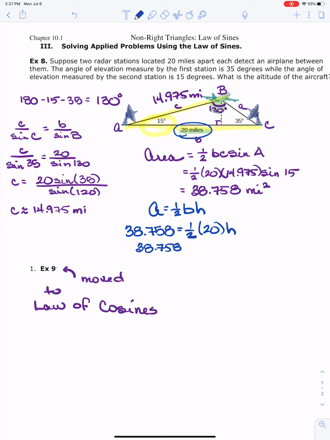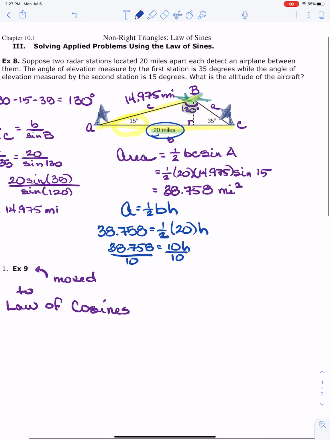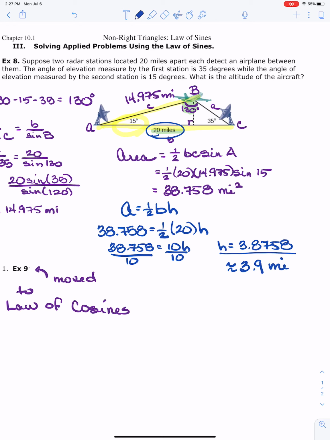So 38.758 equals 10H. I'm going to divide both sides by 10. And my height is 3.8758. We're going to go ahead and round that to 3.9 miles. So that airplane is 3.9 miles above the surface of the Earth.